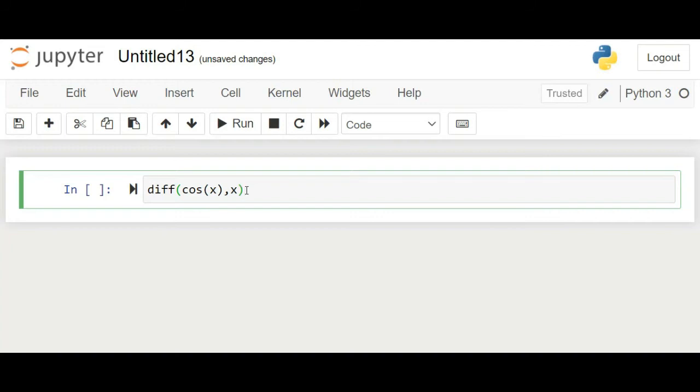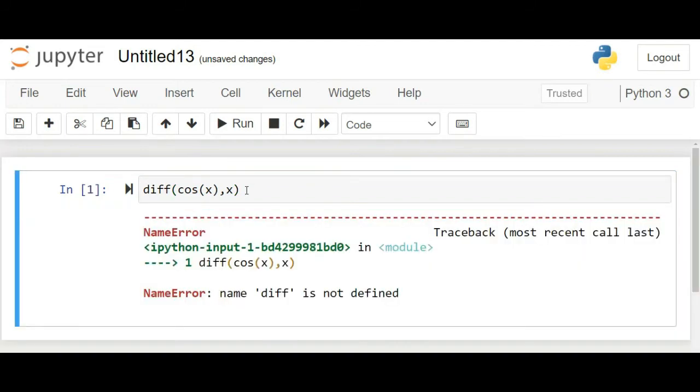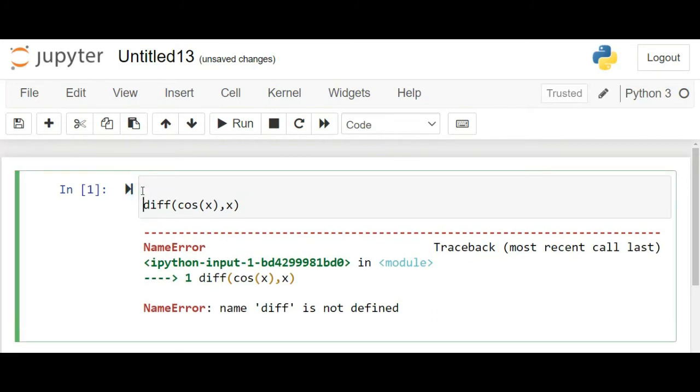minus sin x. So when we press Control and Enter, of course we will get an error. This means that we are not writing the correct code.